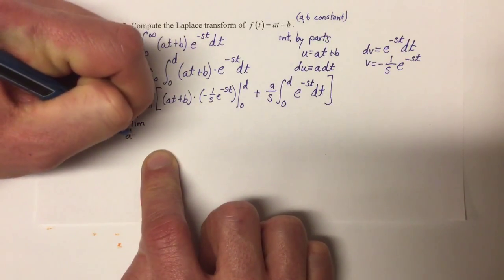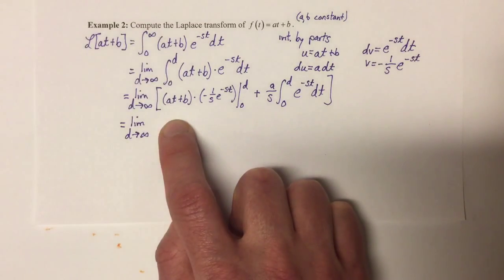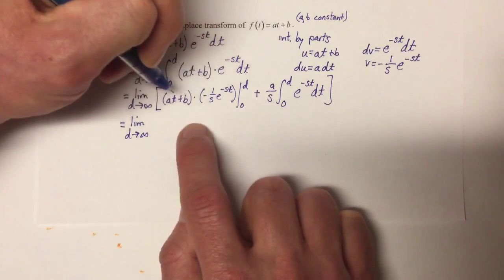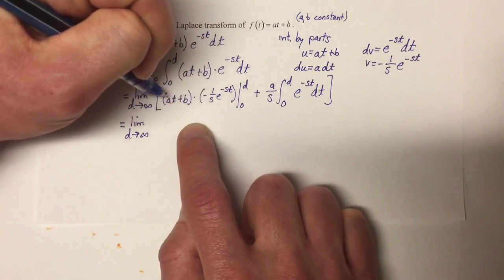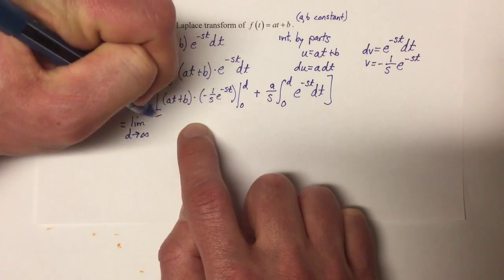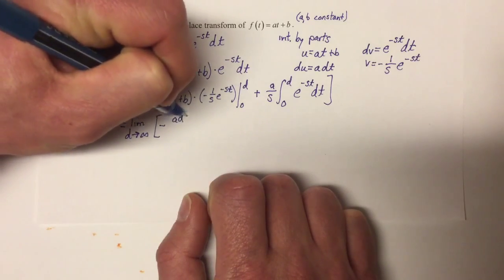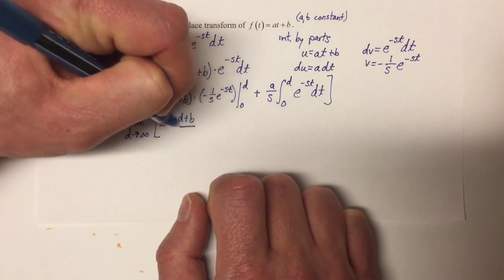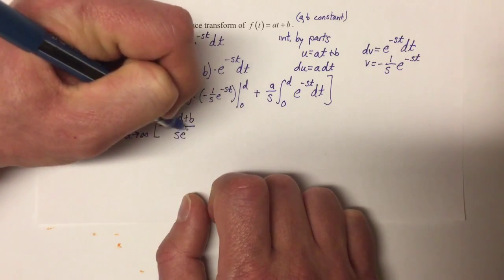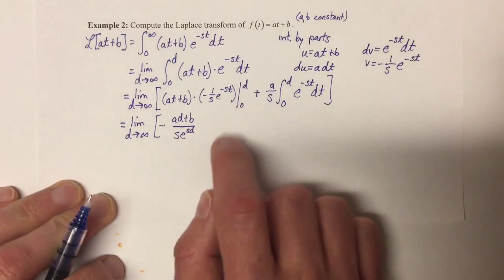Then, still have our limit. When we plug in d here, I'm going to combine all of this together, and I will have a negative, I'll have ad plus b divided by s e to the s times d plugged in for t.